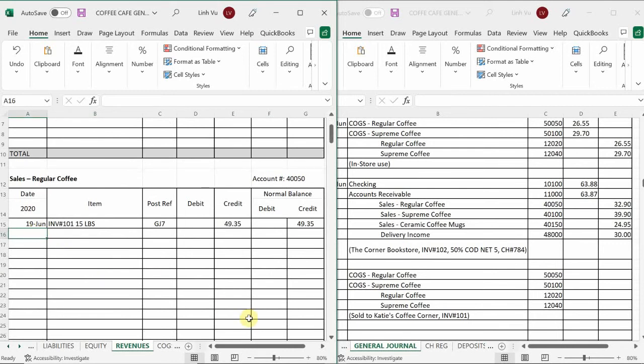Okay, so and for the revenue, we have a coffee bean sale. Regular is $32.90, and then it's invoice 102.